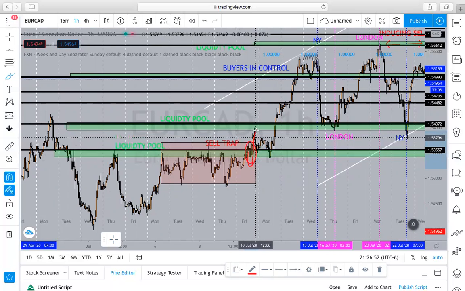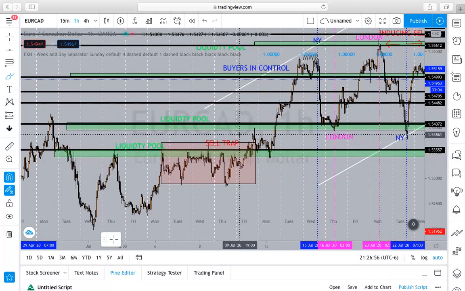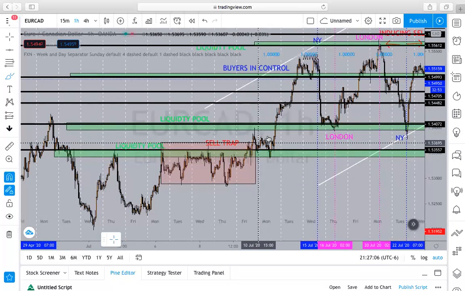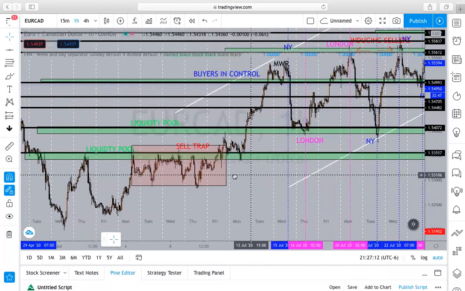It just pushed through and took them completely out of the game, because most of them had their stop loss set up around this area anyway. So this was the sell trap to induce. Sell trap, got the sellers, took their money, and moved the market in the opposite direction.